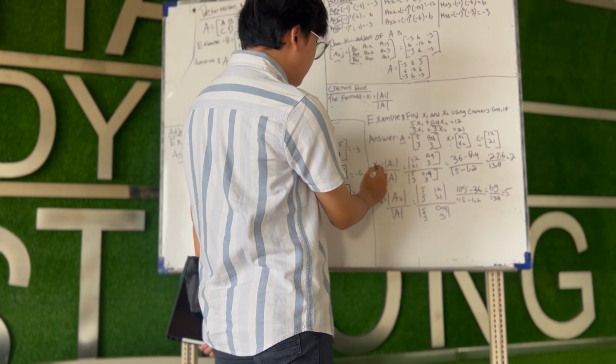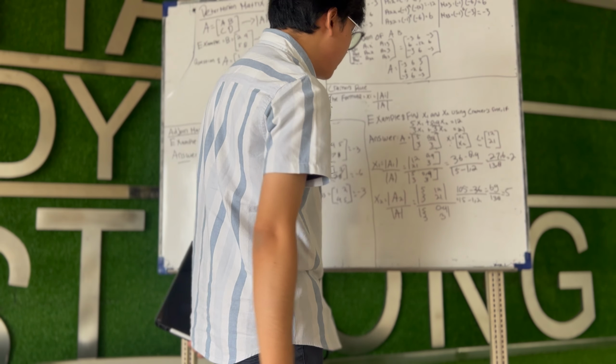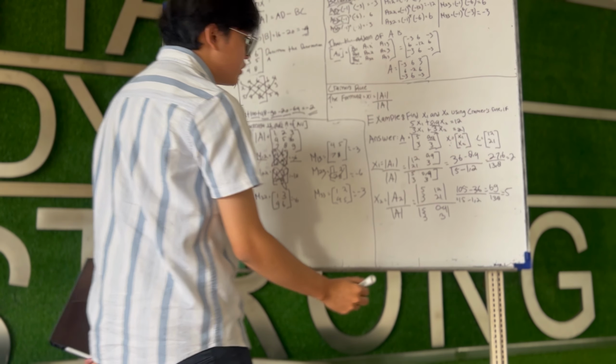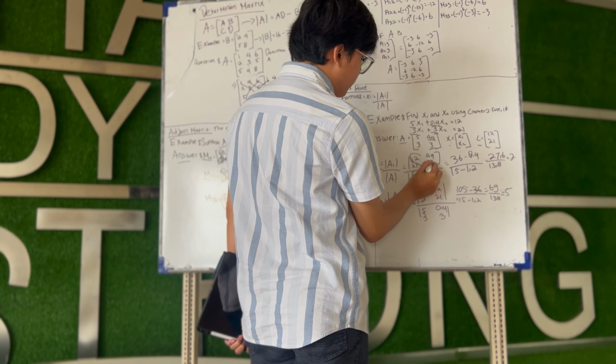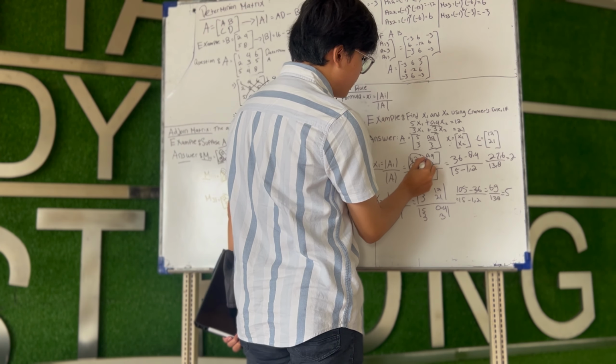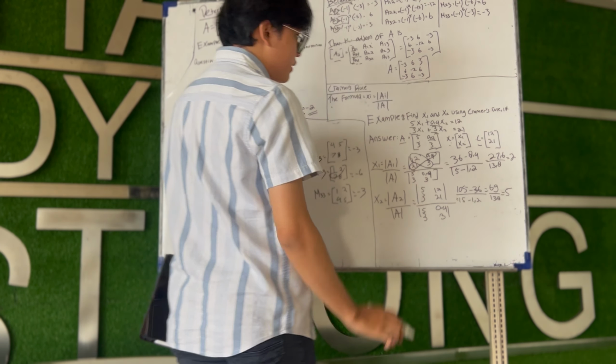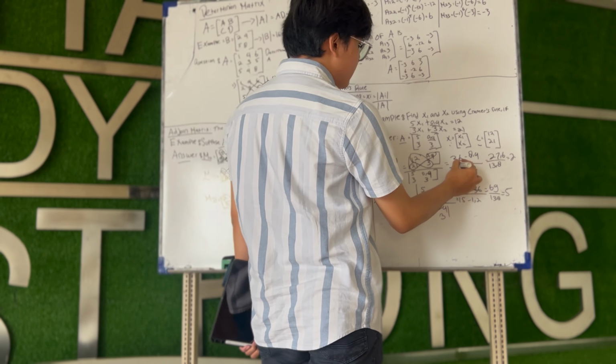Next, x1 is A1 over A, so 12 multiply 3 and 21 multiply 0.4, and the answer is 36.